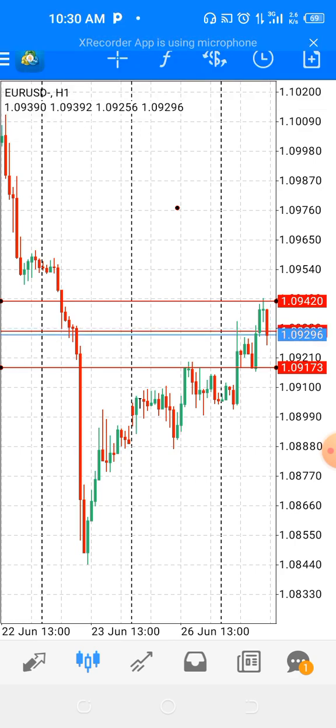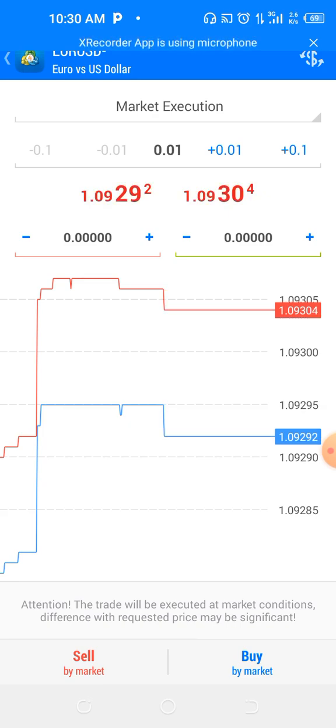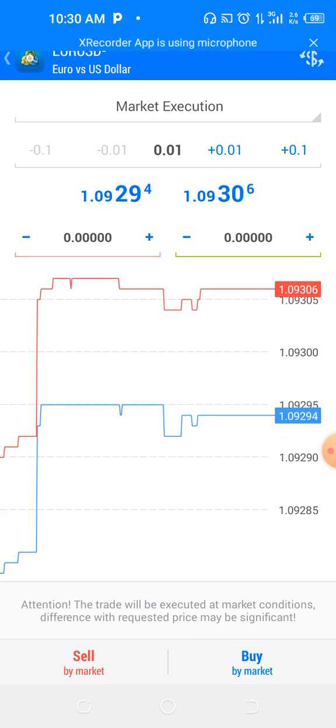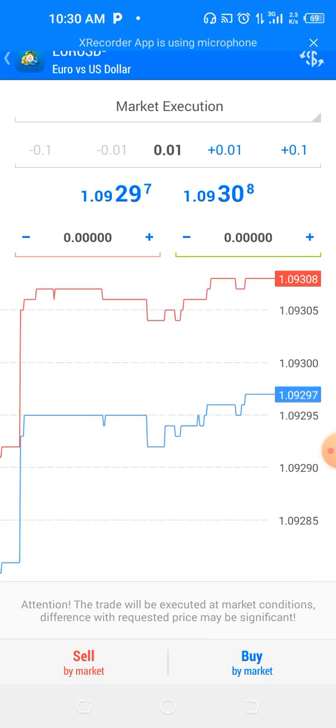So now, what is lot? Like when you try to execute a trade some other time, sometimes under market execution you saw 0.01 and all that, and I told you that this is the lot size. So now what is this lot size, and how do you interpret it? How do you make use of it? A lot is a standard unit of measurement.